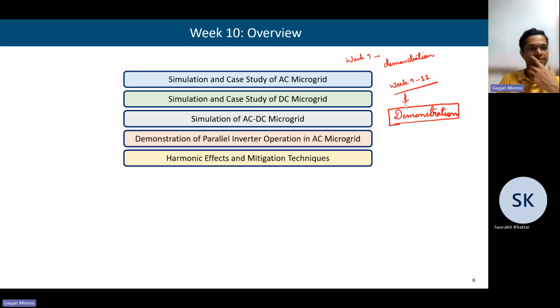How we can actually use them in simulation first, and then finally go to the field.